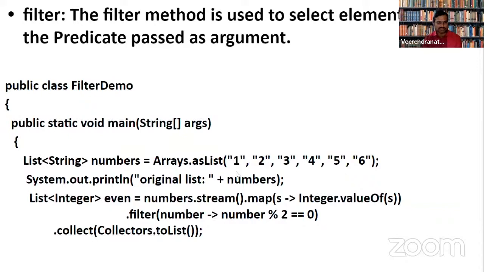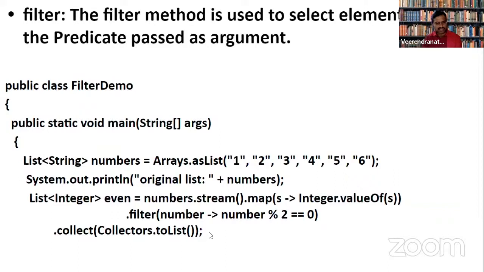So now, for example, I get 1. First, what happens? It will be converted into an integer. Then it is going to be filtered and get a value. Then the values are going to be collected.